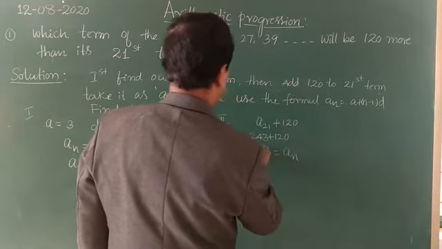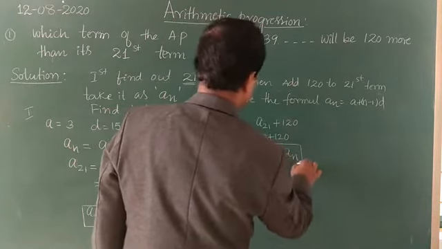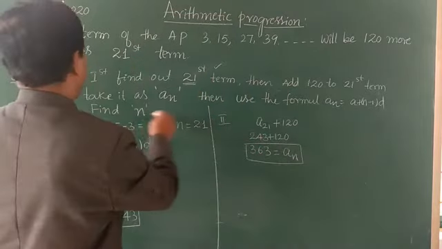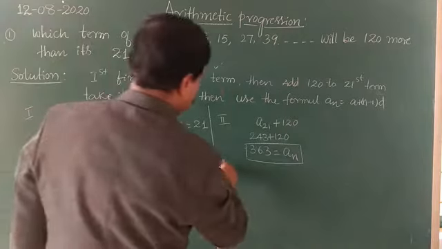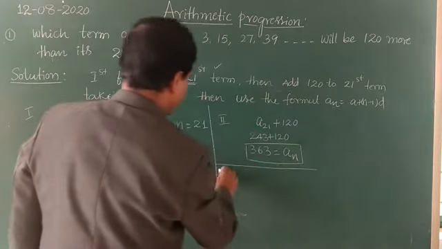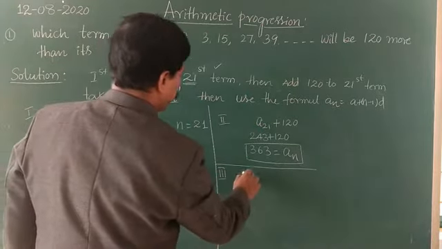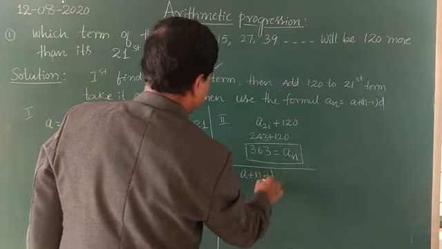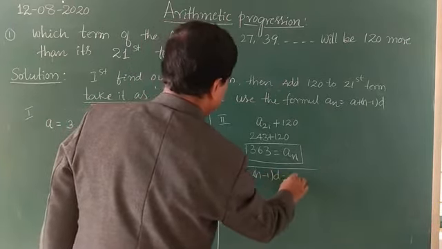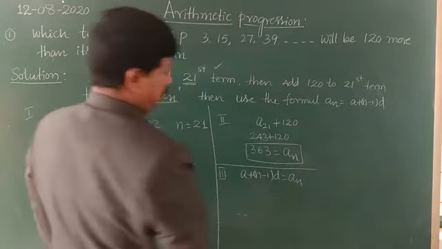For what value of n are the nth terms of the following APs the same? So the n value is 7. For this value, the nth terms of the two given APs are the same.